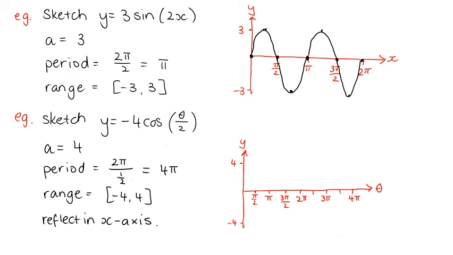Right, so usually our cosine graph starts up here, but because it's negative, it's actually going to start down here. So it's going to look like that. And that has to happen every 4 pi. So it's going to come up and go back down and end here. Right, the highest point is exactly halfway between the start and the finish, which is 2 pi.